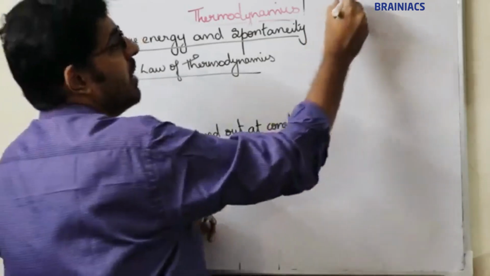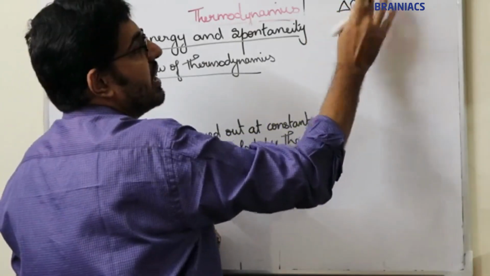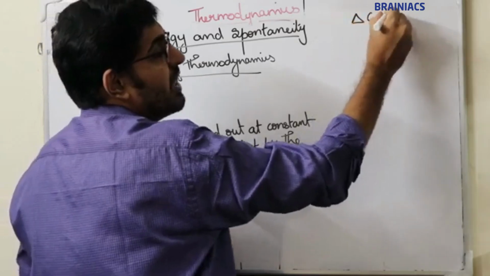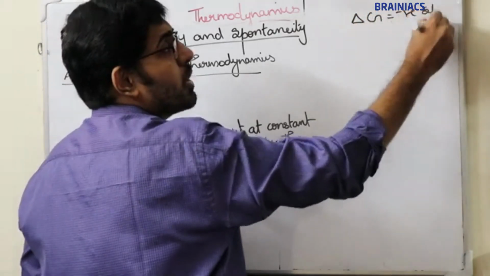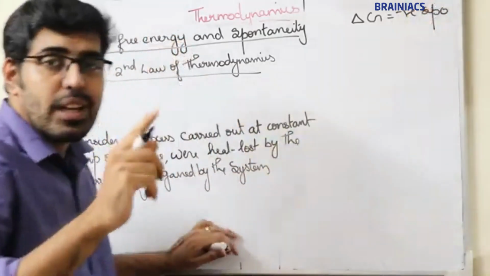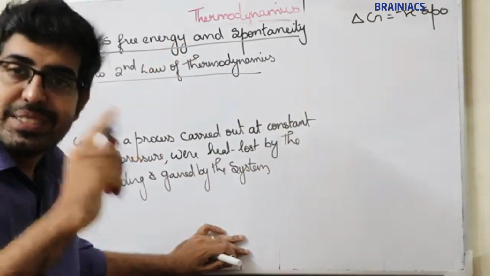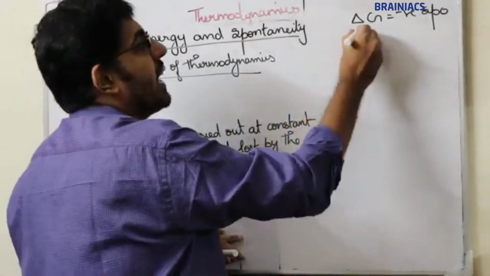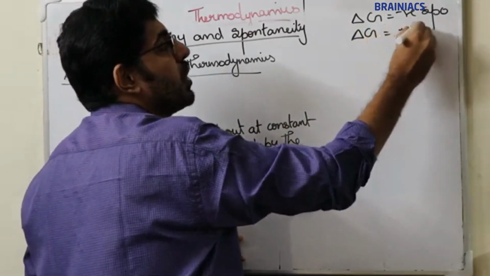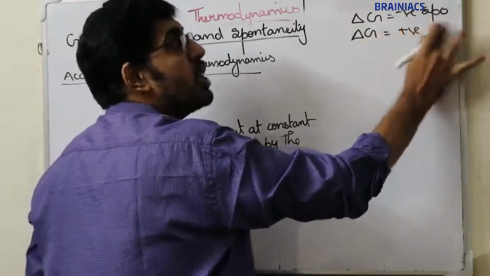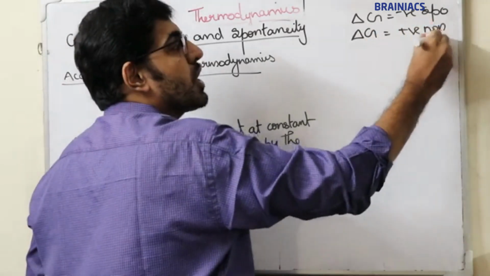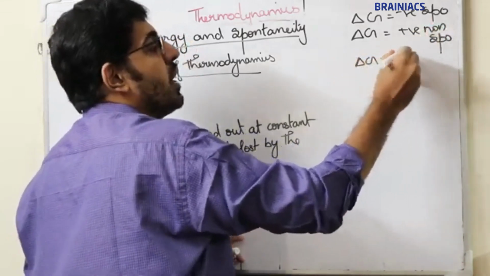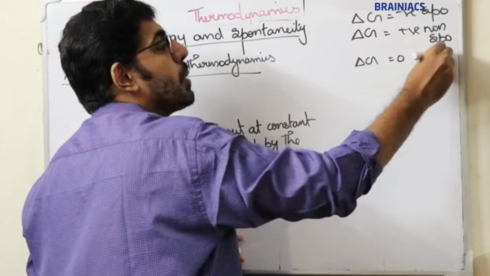If delta G value of a reaction is negative, then those processes are always spontaneous. And if delta G value is positive, then those processes are always non-spontaneous. And if delta G value is 0, those processes are equilibrium processes.